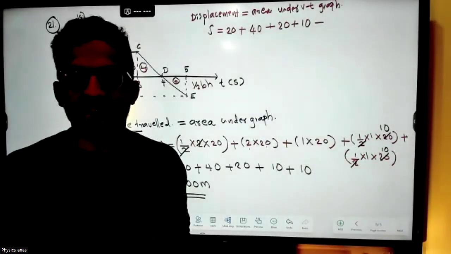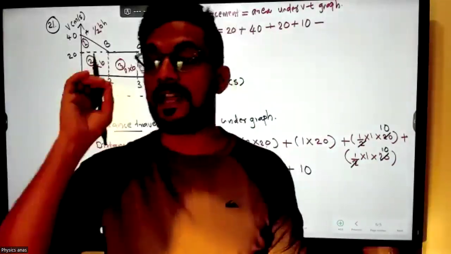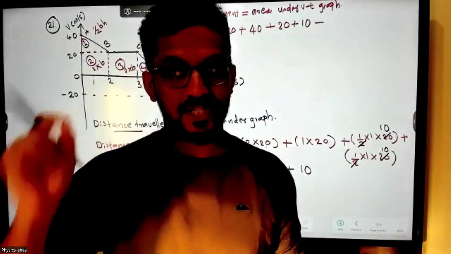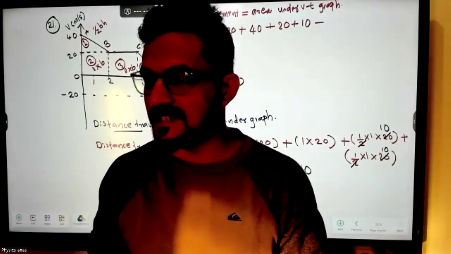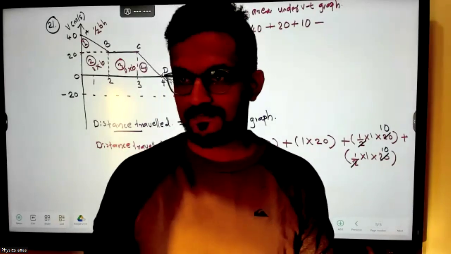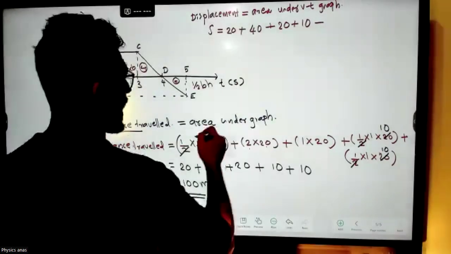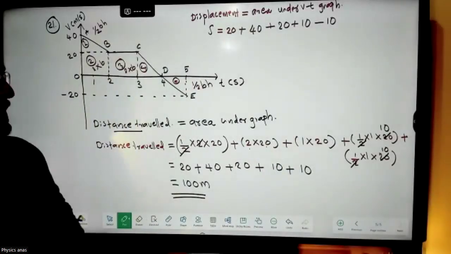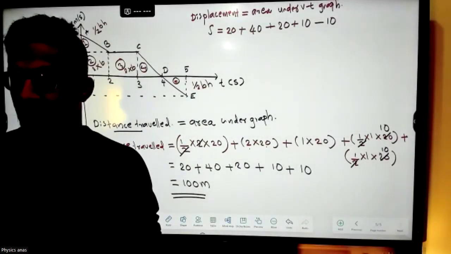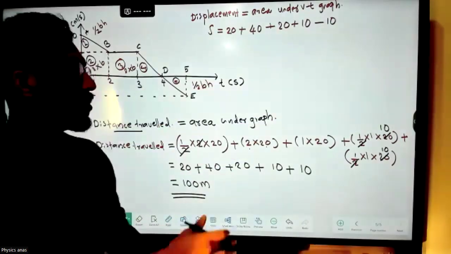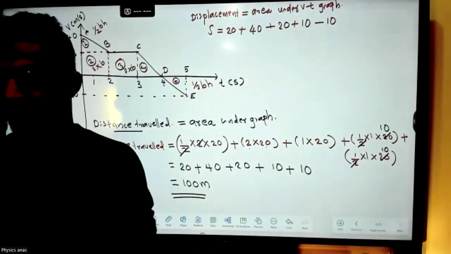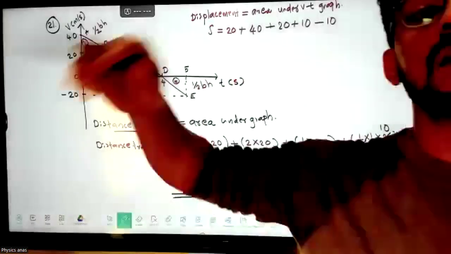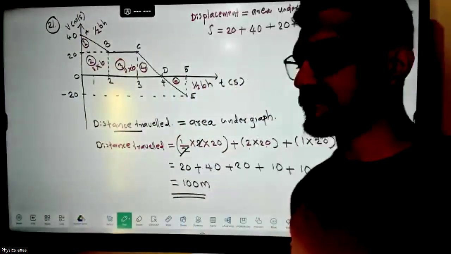If you are finding distance, you can simply add that. If you are finding displacement, you have to consider whether it is positive or negative, because displacement is a vector. So that area should be negative, because the velocity is in the opposite direction. The body is returning. Velocity negative means it is returning.